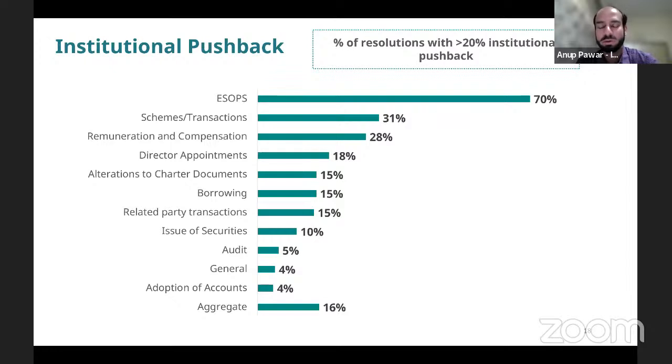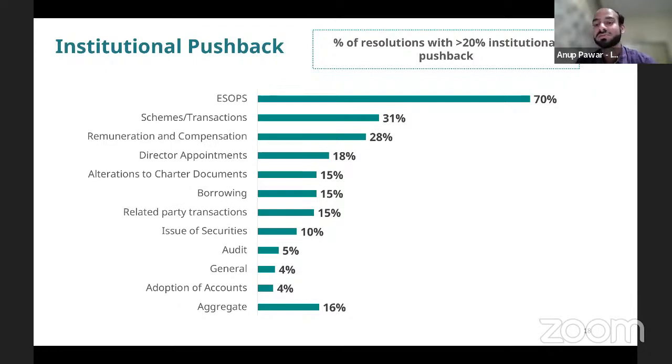So more than 20% of institutional investors have voted against these many percentage of resolutions from the overall universe. So if there were 100 ESOP resolutions that were proposed, 70% of ESOP resolutions had greater than 20% institutional pushback, which means there was some disconnect between what the company wanted to propose and what the investors finally perceived or what the investors did not like.